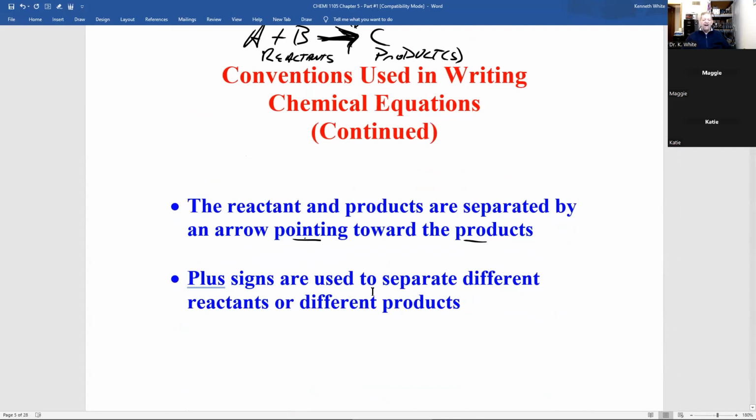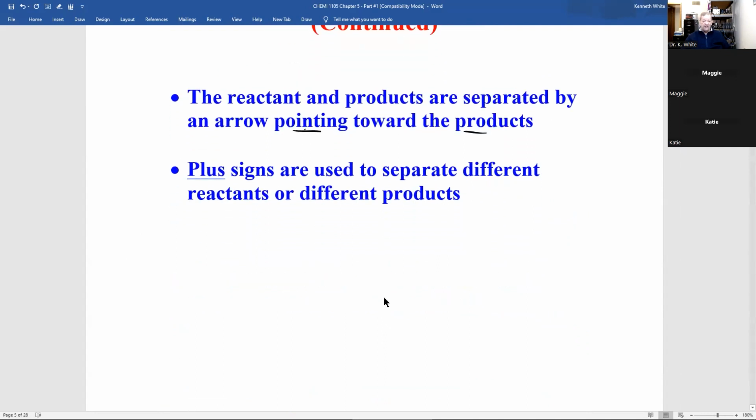Plus signs are used to separate different reactants or products. So if I had something a little different, E plus F plus G makes H plus I. Think of those plus signs as meaning and.